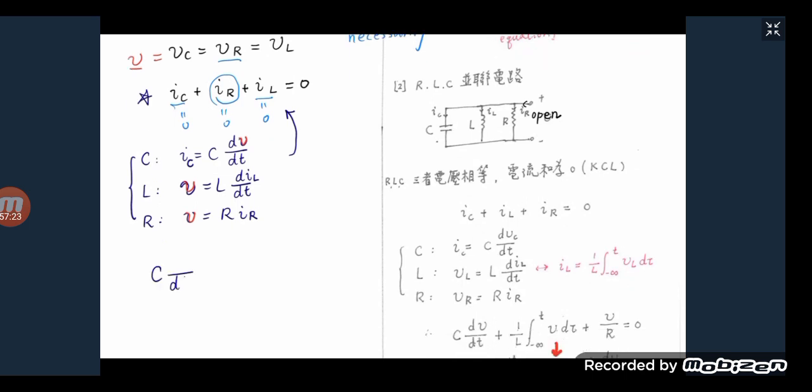IC is equal to C times dV over dt, because V is common to the three. We don't write down its subscript. 就是我们不用把它下标记上去。And IR is equal to V over R, plus IL. Currently IL has to be the integral.